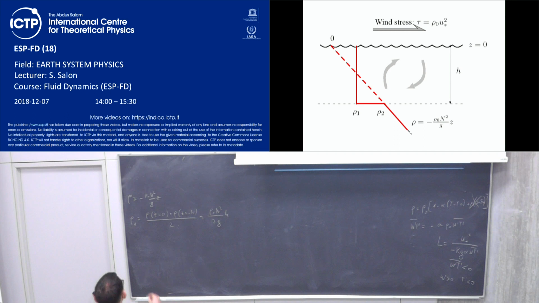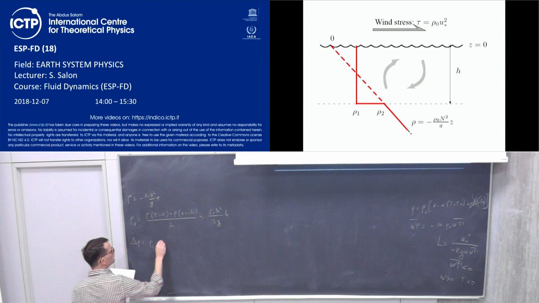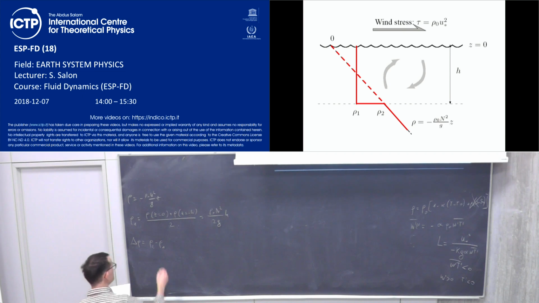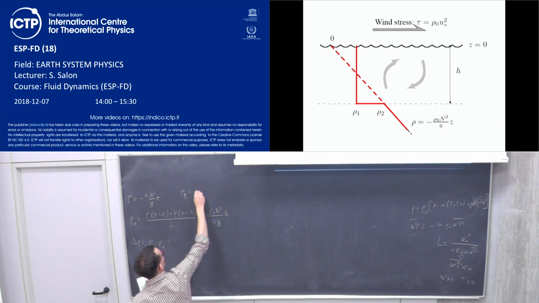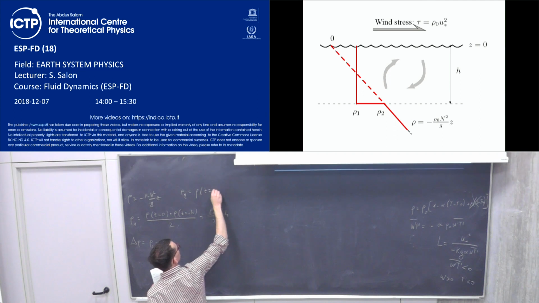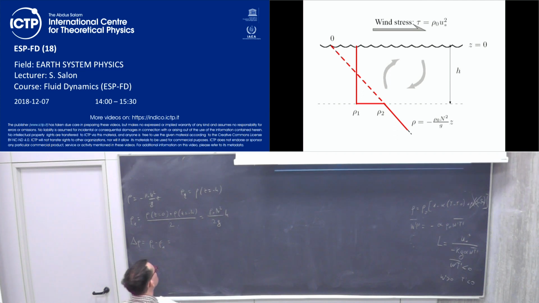So the density jump delta rho, which is rho 2 minus rho 1, so rho 1 is this, rho 2 is simply rho when z is equal to minus h. Okay?